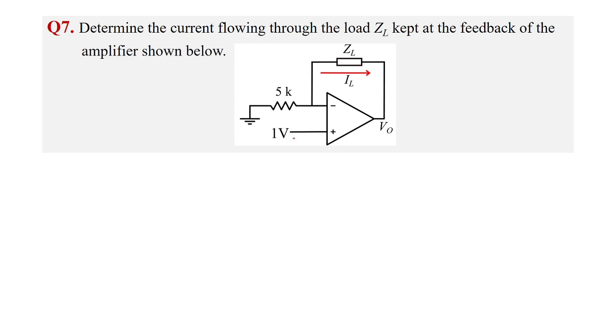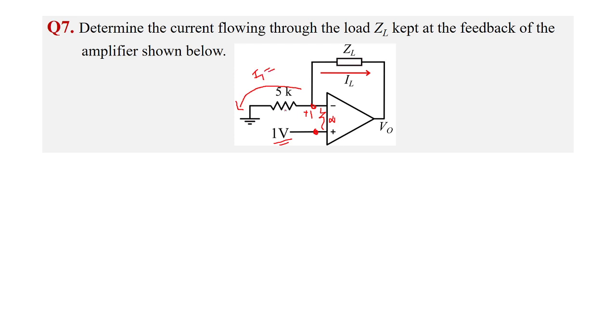As we can see here, at the non-inverting terminal we have applied 1 volt, right? Since the input resistance is infinity, whatever the voltage is here, the same voltage will be replicated here. So the voltage here will be plus 1 volt with respect to ground. The current will flow from this positive polarity to ground, in this direction. Say current I1. What is the value of the current?